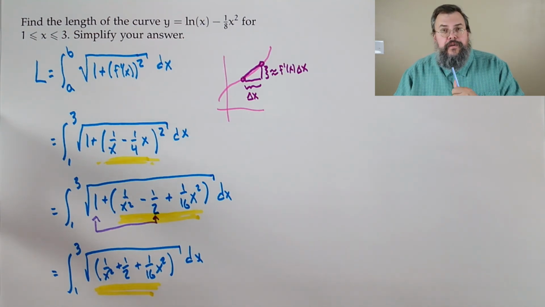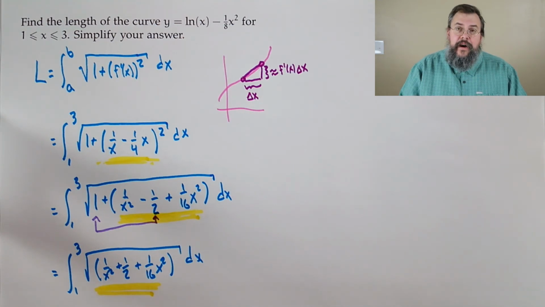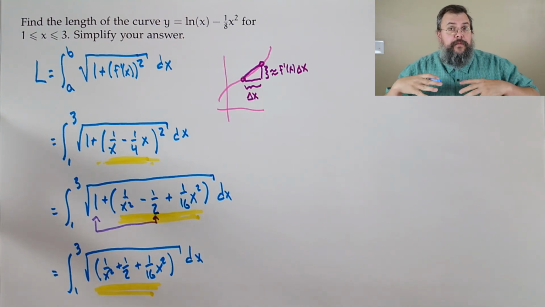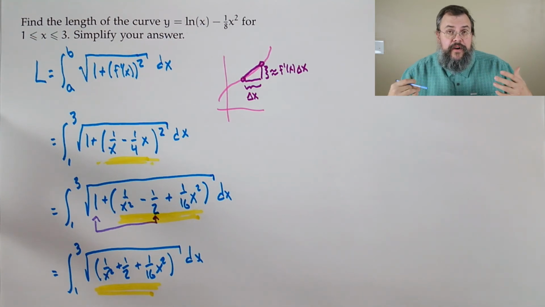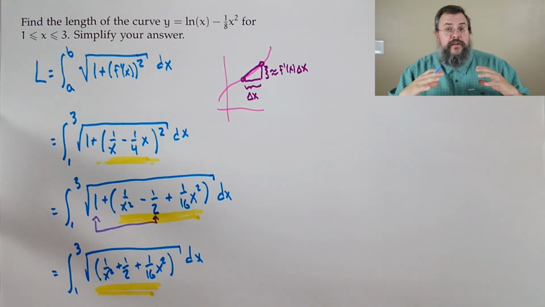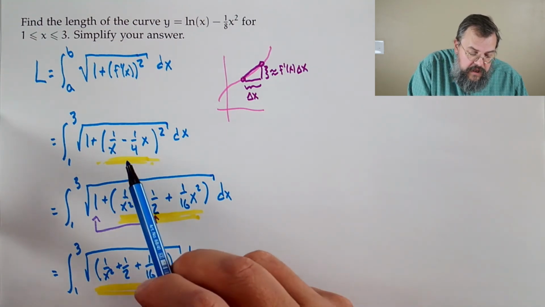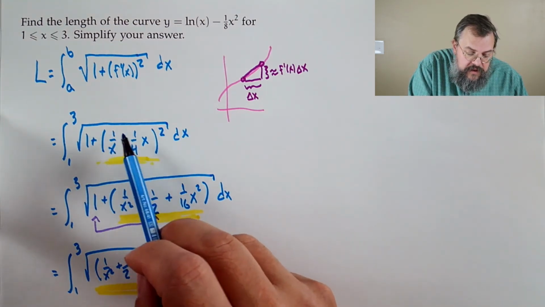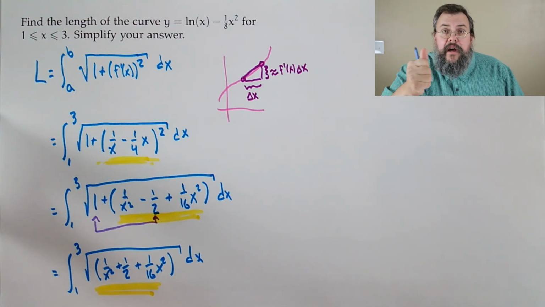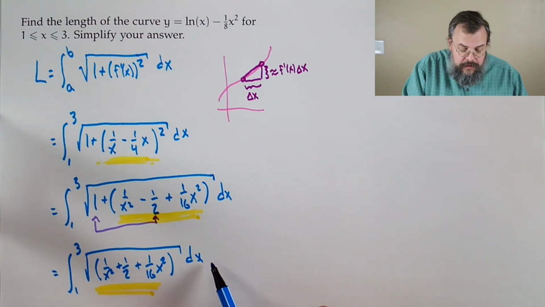Well, we deserve to be suspicious, because oftentimes when we're dealing with length problems, if we actually have a chance to make progress, oftentimes a perfect square is lurking somewhere. And so we say, hey, this would be the same thing as if we had started with this expression, but with a plus.